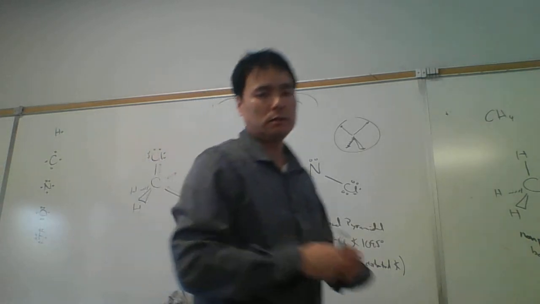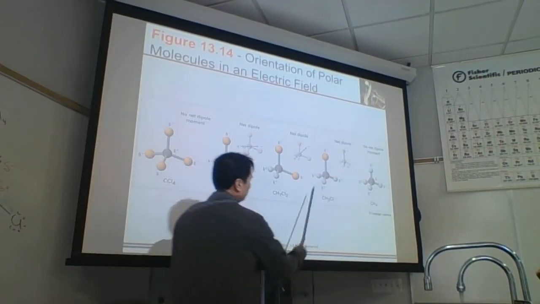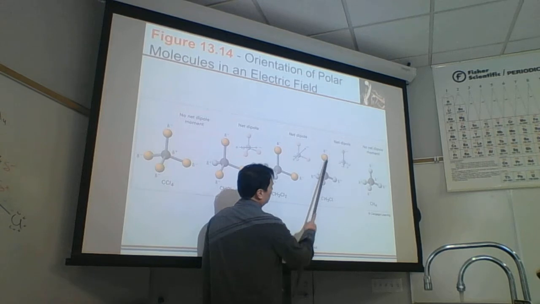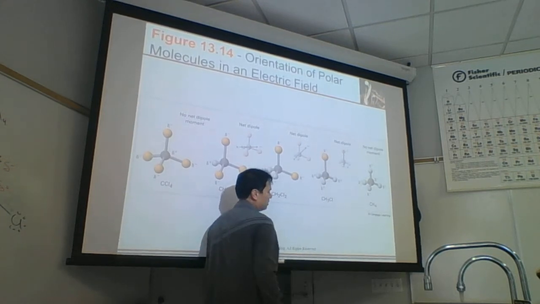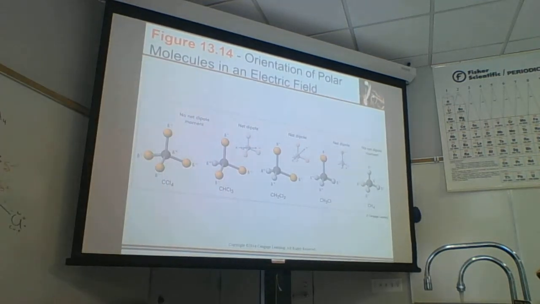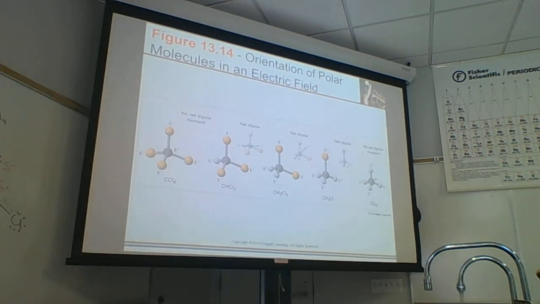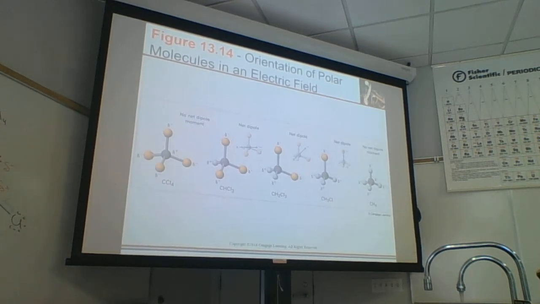If you look at chloromethane, chloromethane is polar too. We have these three hydrogens here, non-polar. We've got the chlorine up here that's polar, so the net is going to match the bond. And so the bond dipole and the net dipole are exactly the same in chloromethane. Chloromethane looks like this.